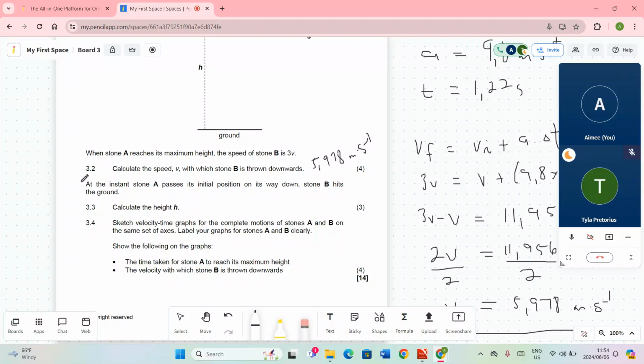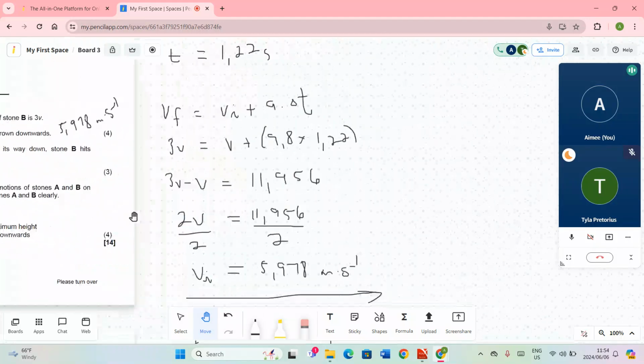Okay, next question. At the instant that stone A passes its initial position on its way down, stone B hits the ground. Calculate height h. Okay, you can see it's only for 3 marks. It's not that hard.